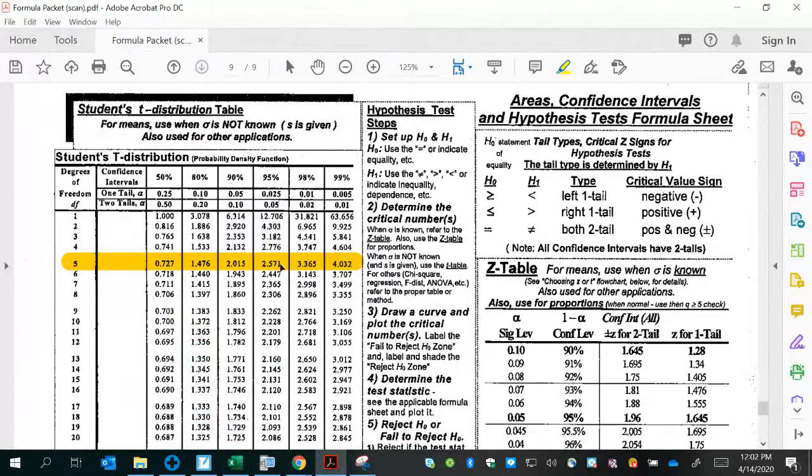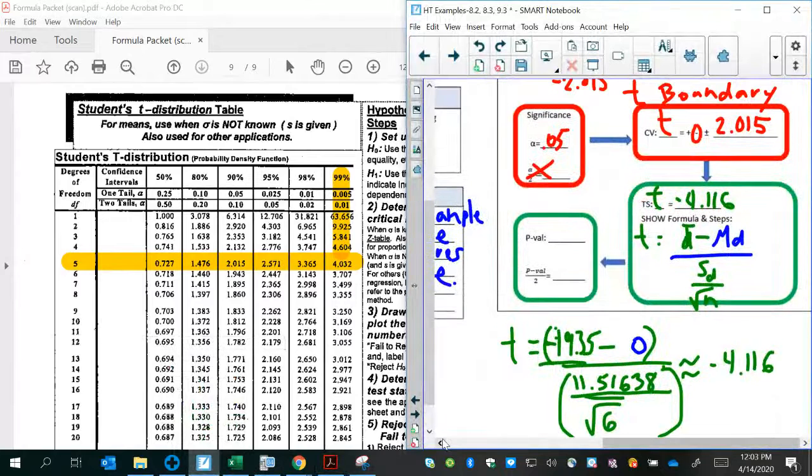Notice that these are all an absolute value, so the closest one is 4.032, and that lines up with a single tail area of 0.005. So from this table, the best p-value I can come up with is 0.005 in a single tail. So let's go and put that as one option. Okay, but that's not very accurate.